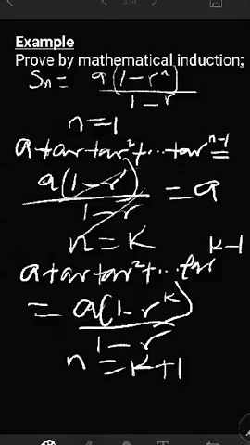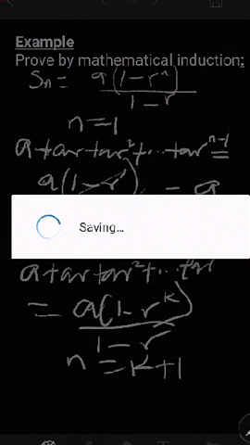So anywhere there's n, we put k plus 1 there. So let's look at the series, and the series that is a plus ar plus ar squared plus, up to ar raised to power k minus 1, plus the next term, which is ar raised to power k.